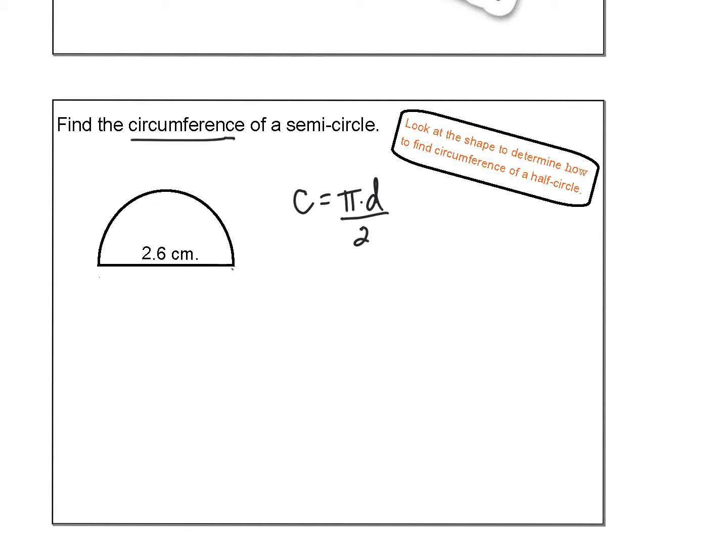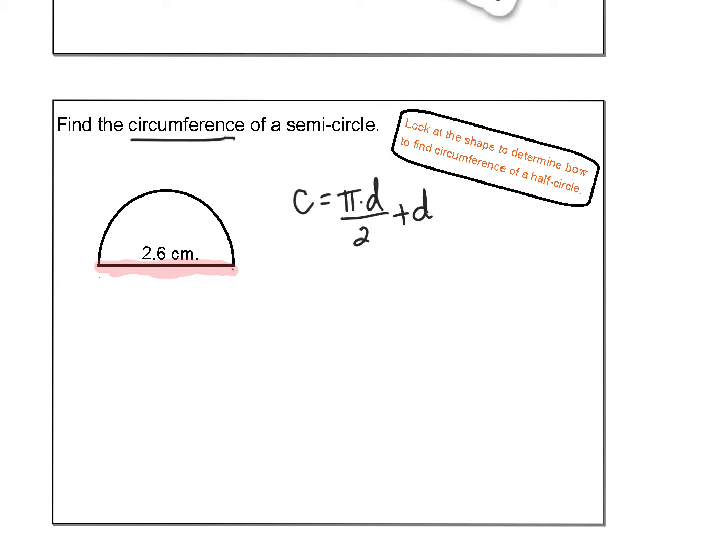But then it has this line on it, right? A full regular circle doesn't have this bottom line, but this half circle, this semicircle, does have that line, and that line is our diameter. So in our formula, we're going to add our diameter back in at the end.